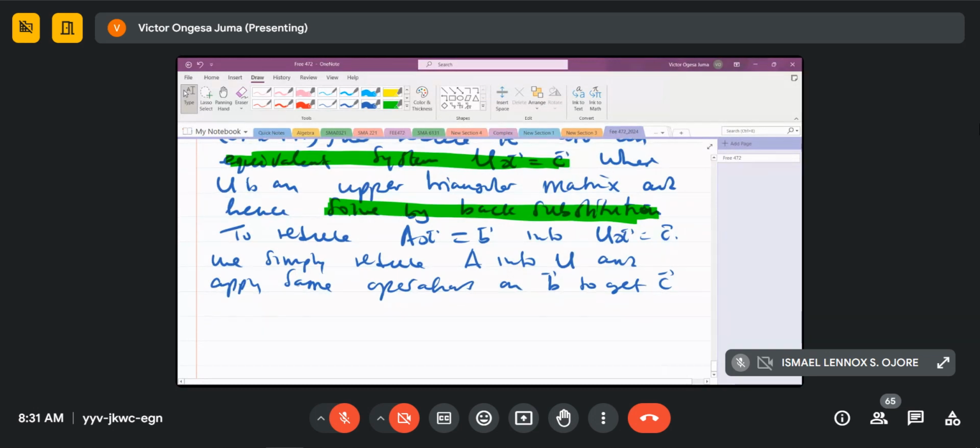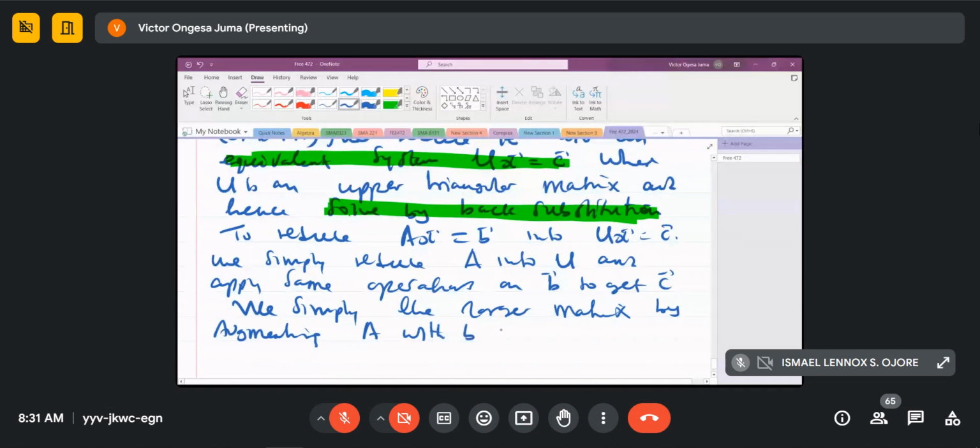So in simple terms, we simply write the larger matrix by augmenting A with B to obtain.